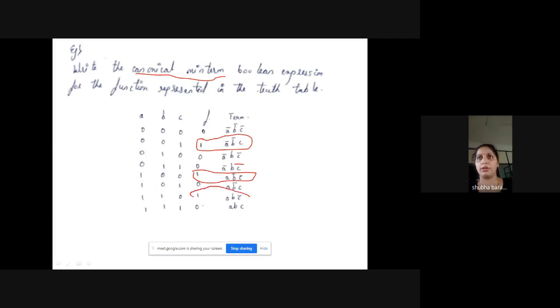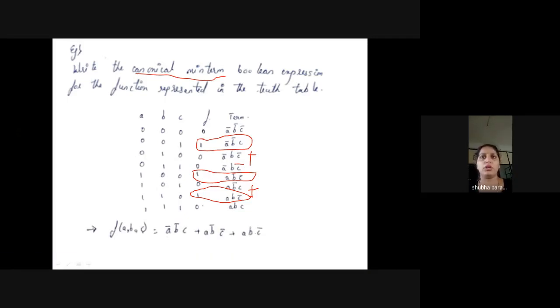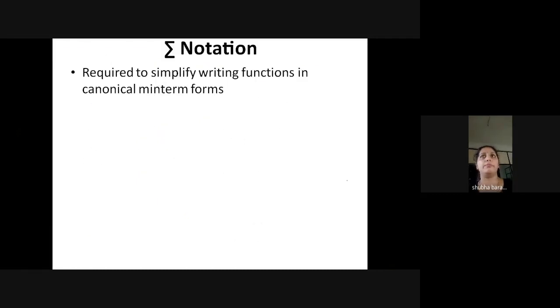So this is your SOP, a sum of products, where we had put a plus sign. This is what we had got: AB bar C plus AB bar C bar plus ABC bar. So this was your min term.